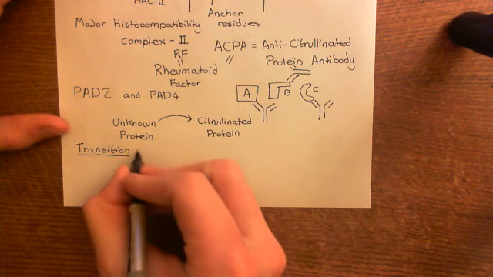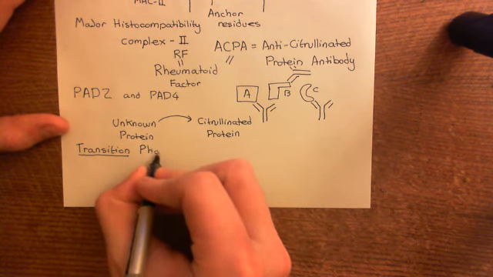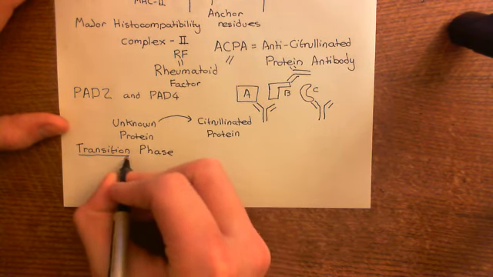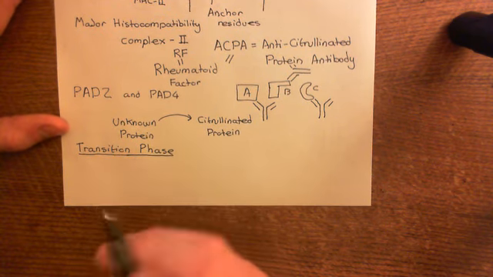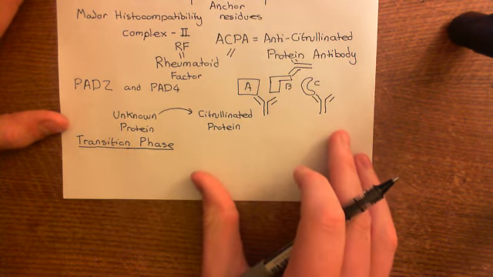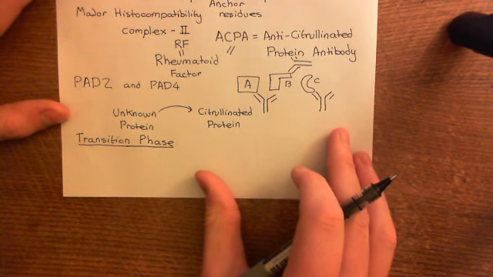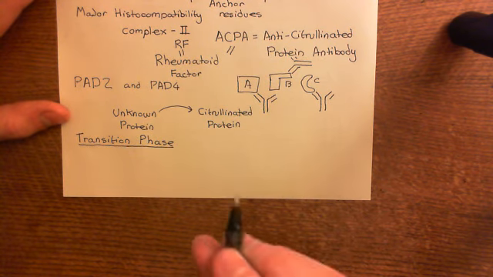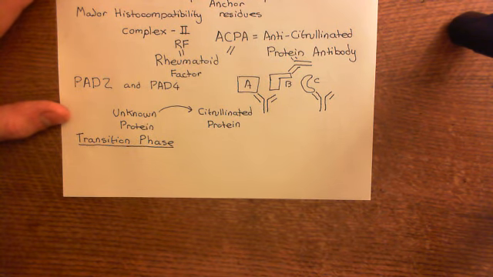Now, what's going to happen is the transition phase. Firstly, a step that you might not have expected is going to occur. What is usually found is that you start producing a new anti-citrullinated protein antibody.